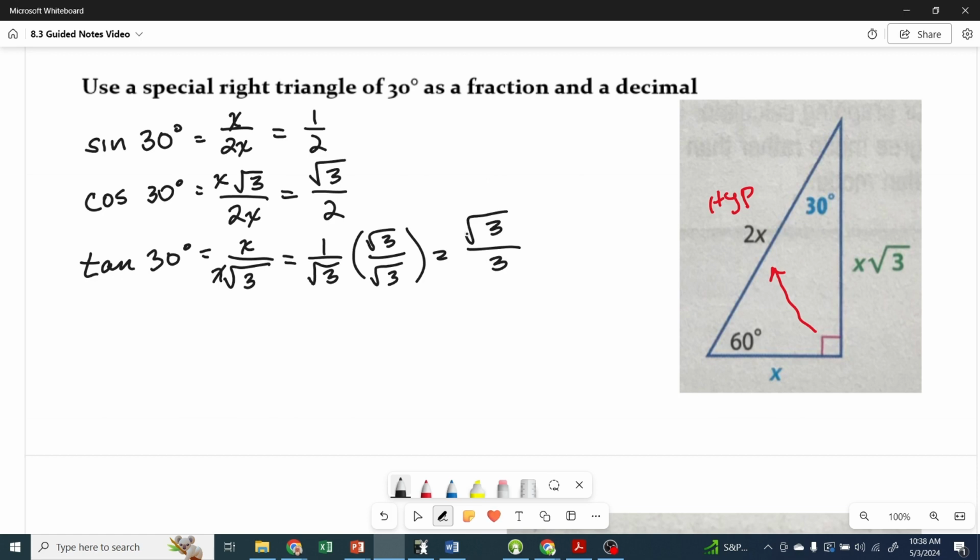Now, one of the interesting things is what happens when we do 60. So let's do sine of 60, cosine of 60, and then the tangent of 60.